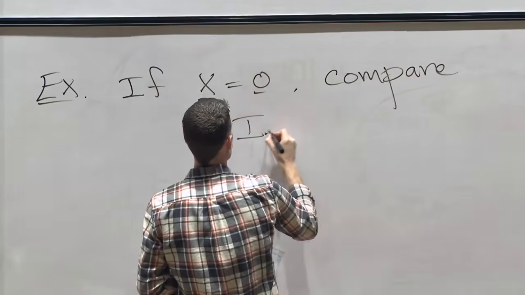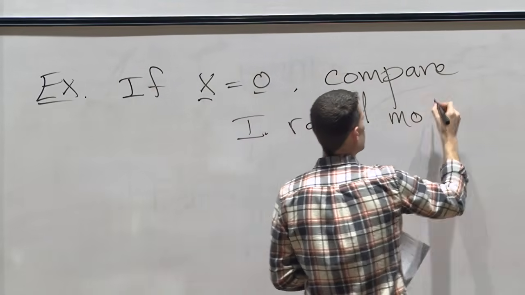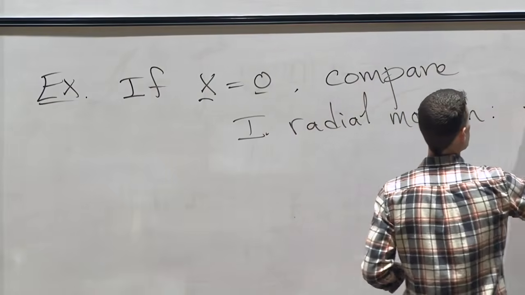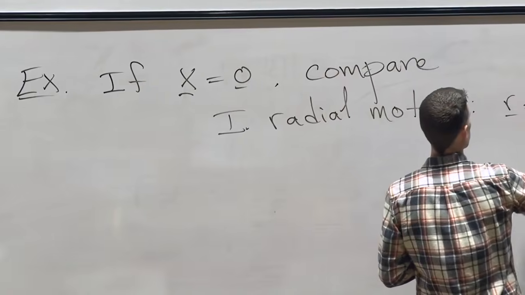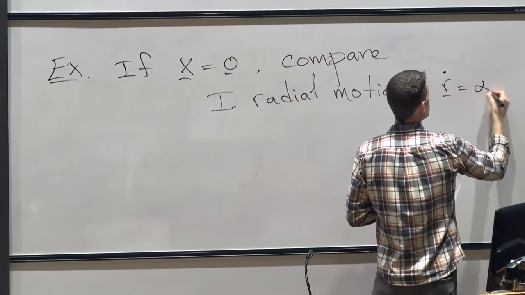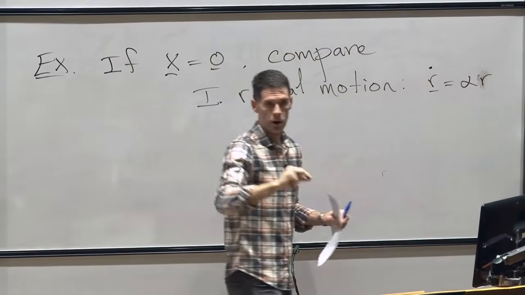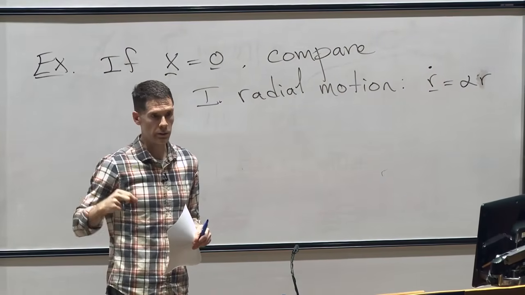we said radial motion. In radial motion, r dot is alpha r. The velocity is just going outward or inward.